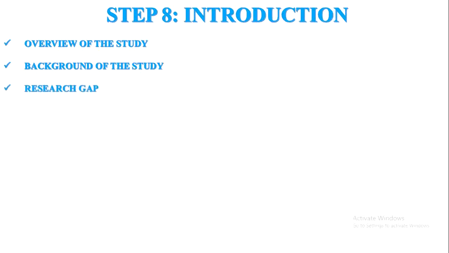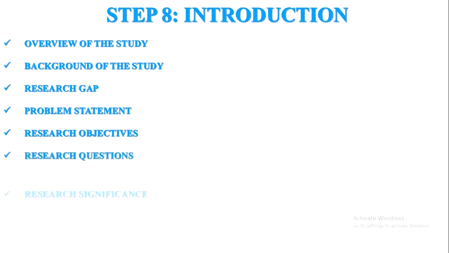Next is the research gap. Yes, the introduction contains your research gap. The research gap is the area where you have identified problems from the previous literature or previous research. Next is the problem statement. The next part of the introduction is research objectives, then research questions.